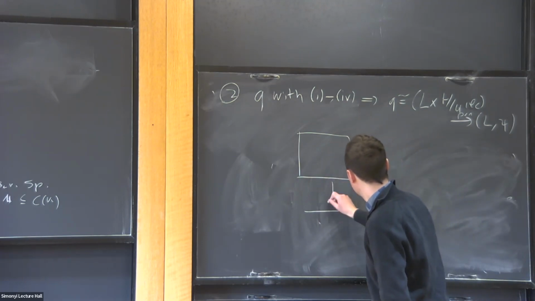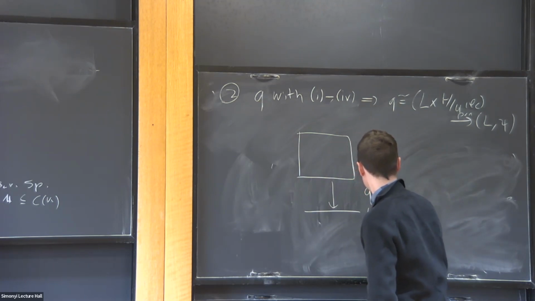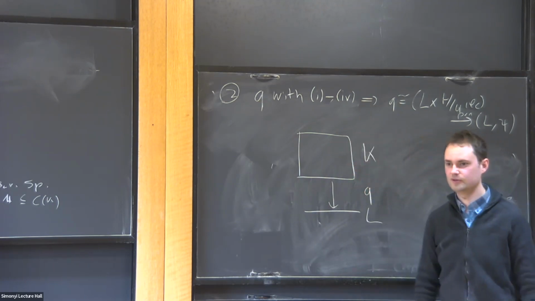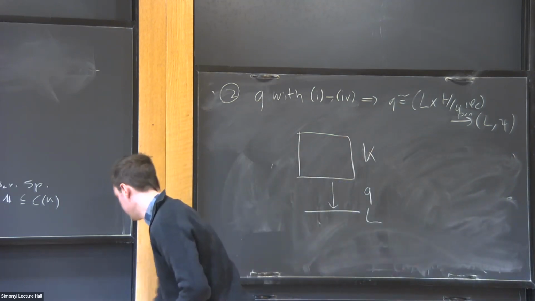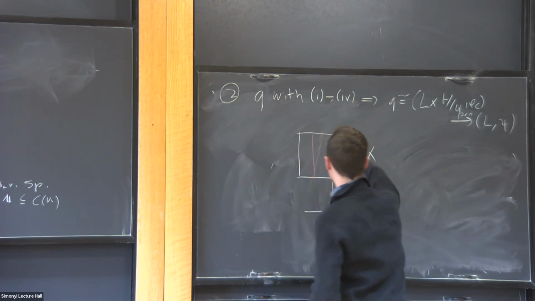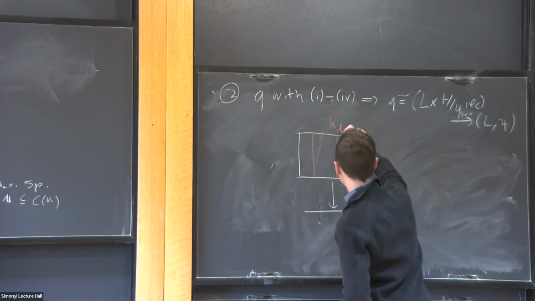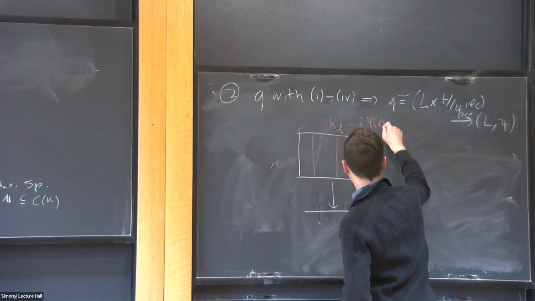So now let me draw a picture. This is our space K, this is our space L, and this is our map Q. And now I have these fibers of my map, and I will denote them by K sub l. So this is the pre-image of the point l.